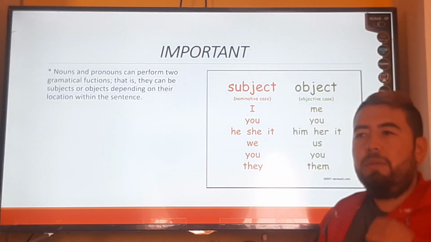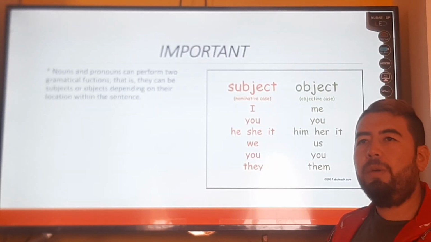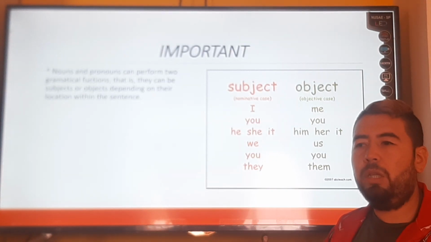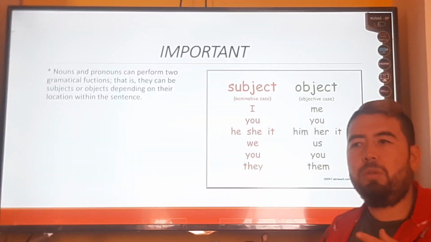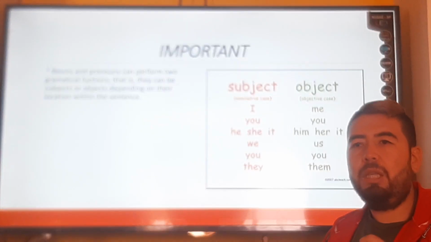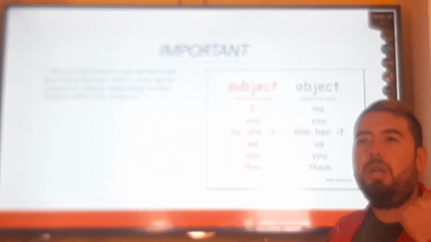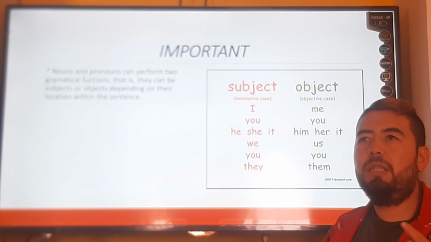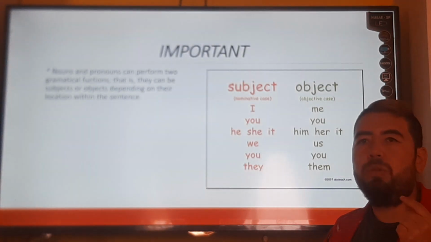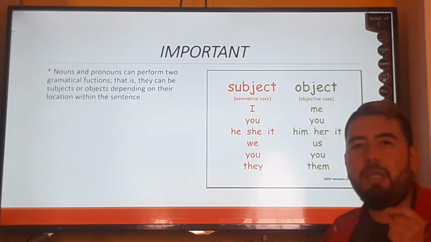It's important that in government, nouns and pronouns can perform two grammatical functions: they can be subject or object, depending on their location or position within the sentence.